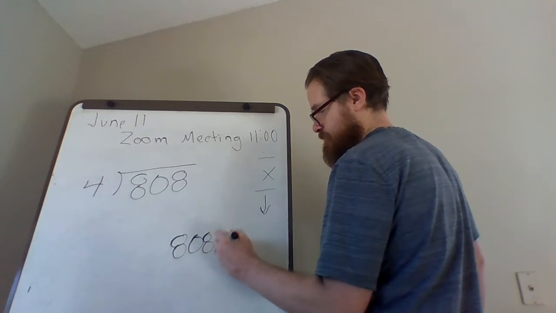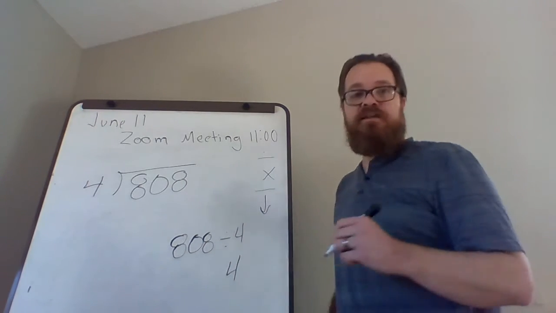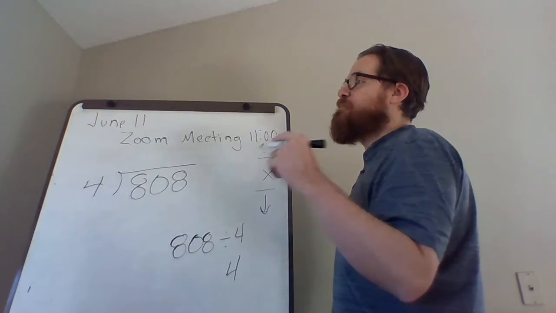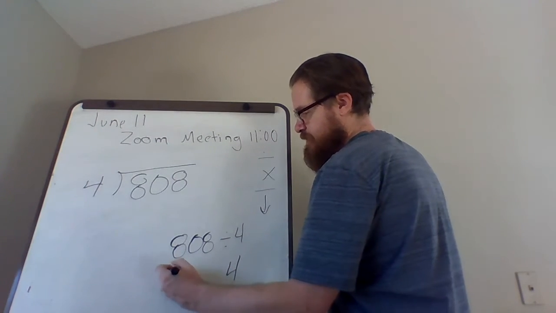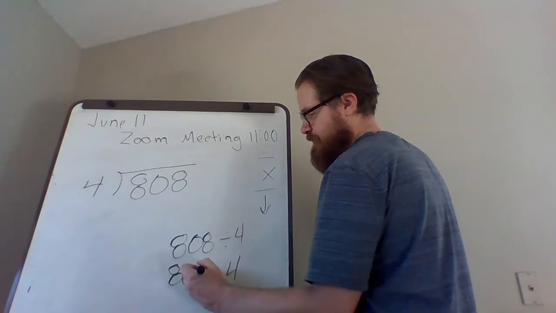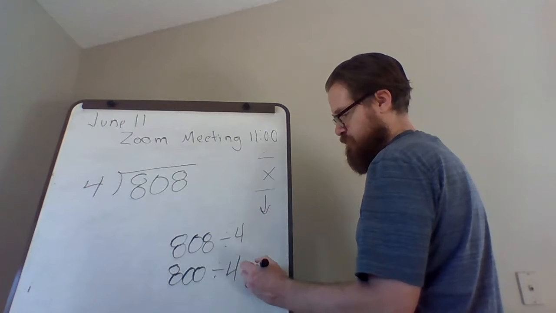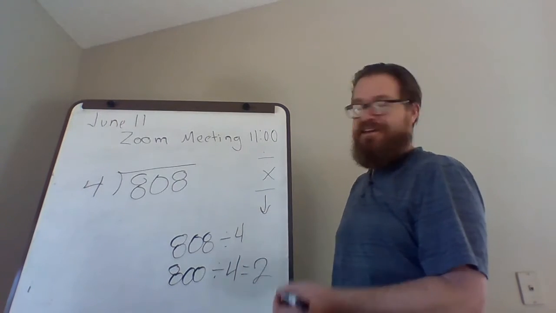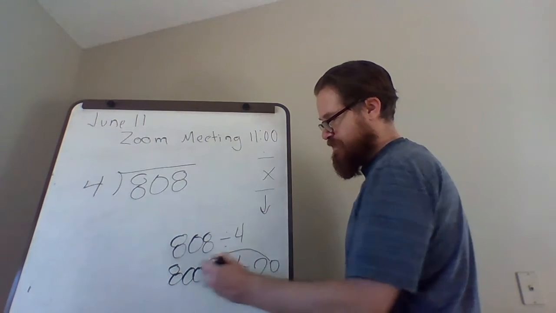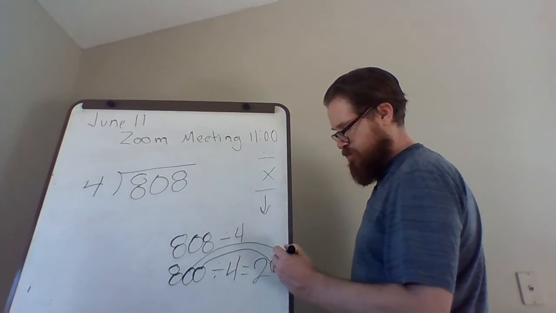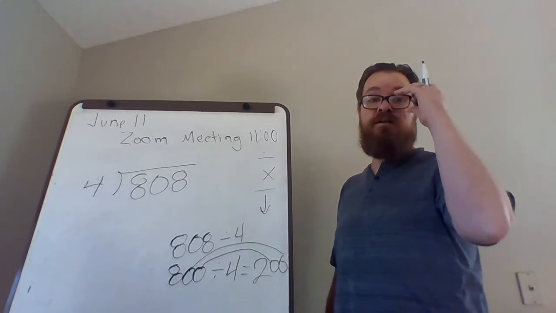So with 808 divided by 4, I'm going to keep my 4 and look at 808, and look for a multiple of 4. I know that 8 is a multiple of 4, so I could take 800 divided by 4 and get 2, and then take the 2 zeros from my dividend and put them into my quotient, and I have an estimate of 200.